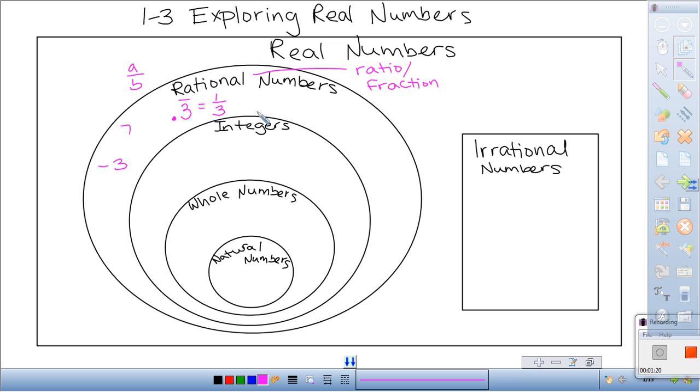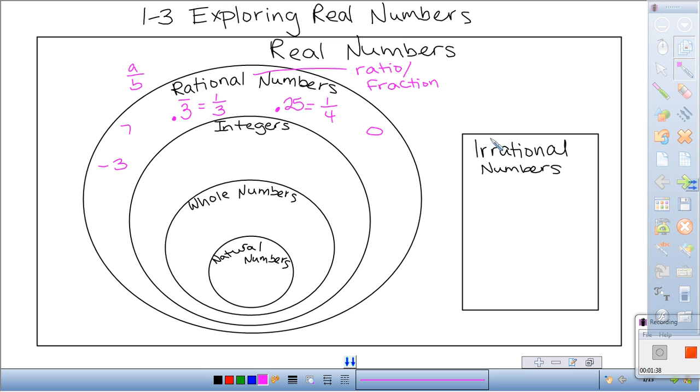Therefore, it is also a rational number. The decimal 0.25 is a rational number because its fractional form is 1/4. So it's any number that can be written as a ratio or as a fraction. So all these would be examples. Any other negative number, also 0, is a rational number.